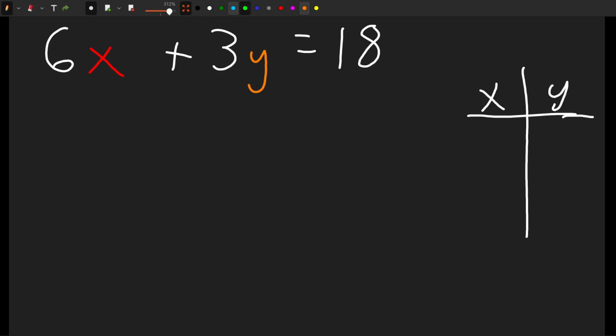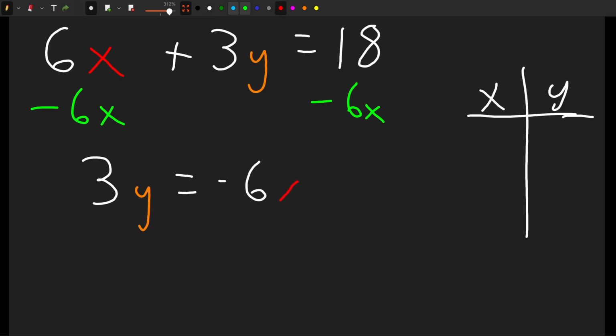What that means is I'm going to start off by subtracting 6x from both sides. I'm going to get 3y is equal to negative 6x plus 18.